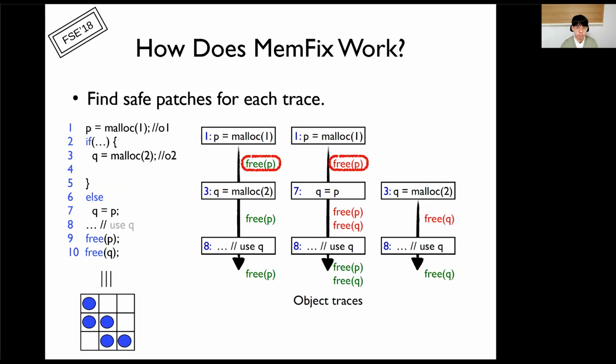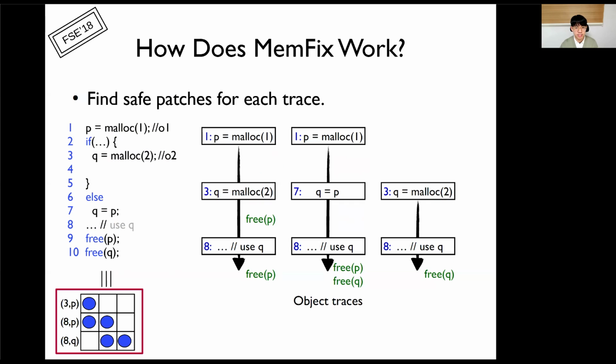And we also remove the free statement at the first object trace. The intuition is to delete any unsafe free statement of each trace from the other traces as well. In this case, the first free statement at the second trace is unsafe, so we also remove the first free statement at the first trace.